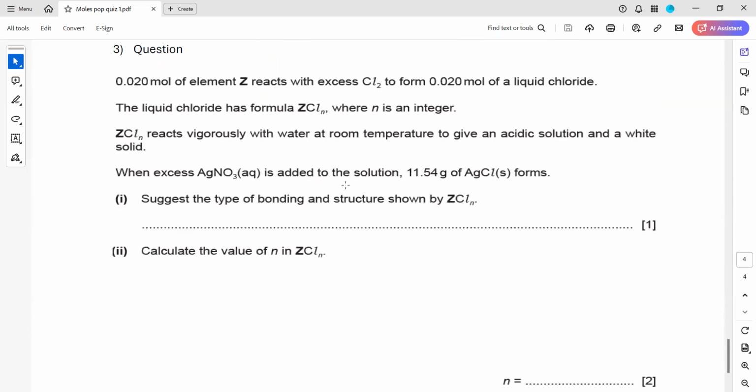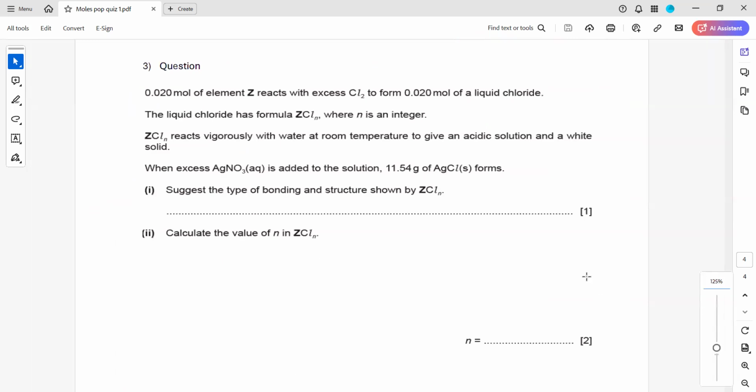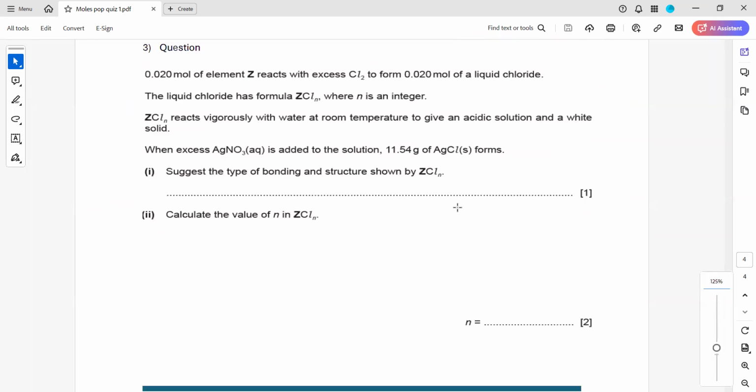In this question, which is actually related to the empirical formula, 0.02 moles of element Z react with an excess of chlorine to form 0.02 moles of a liquid chloride.